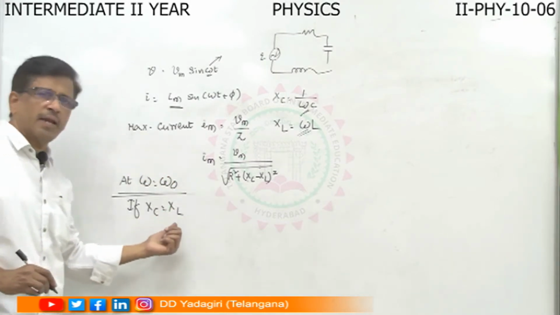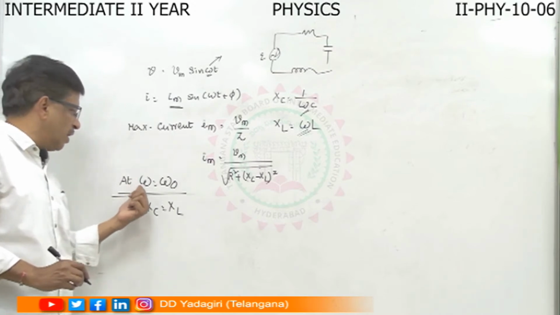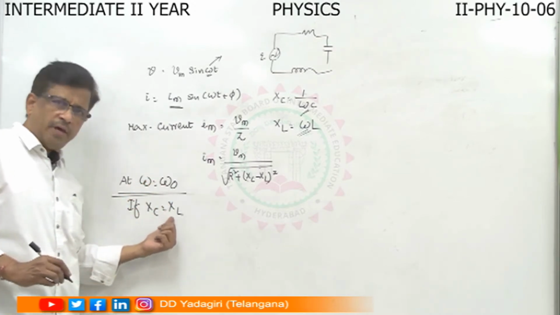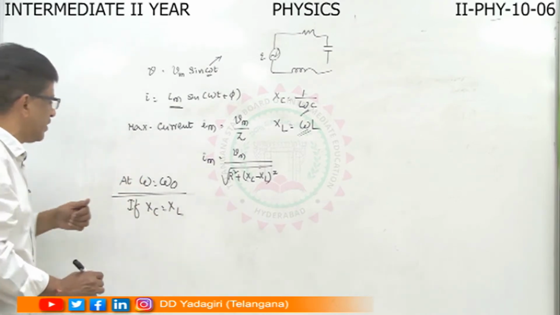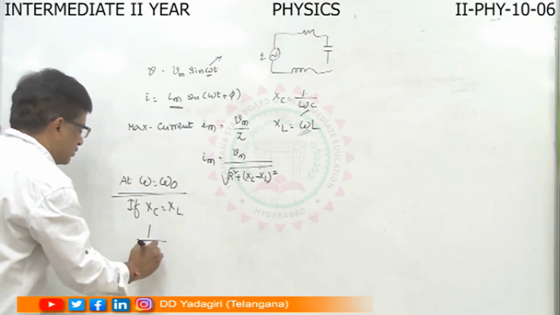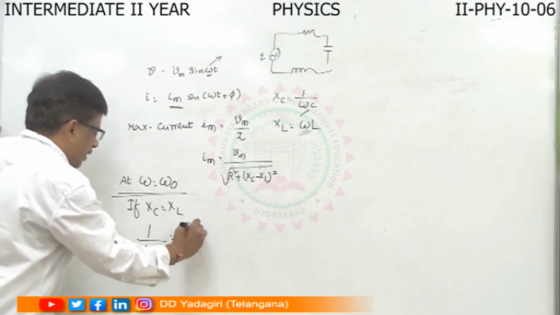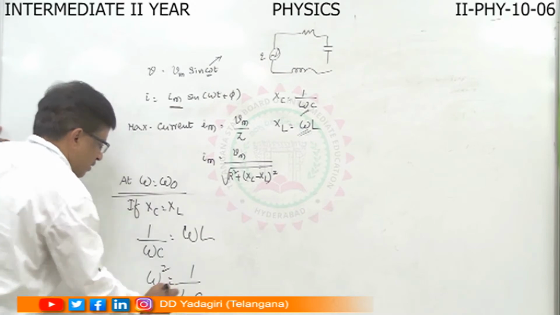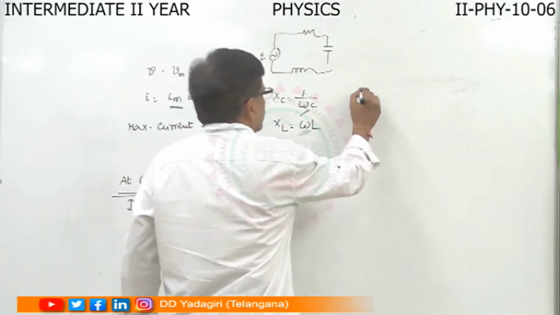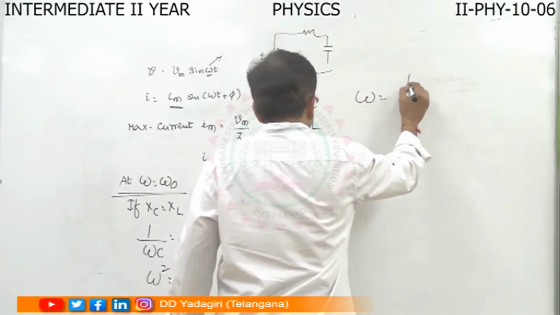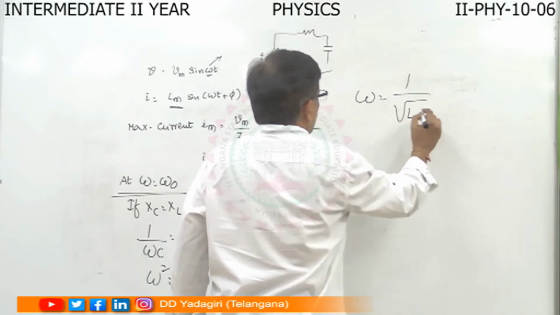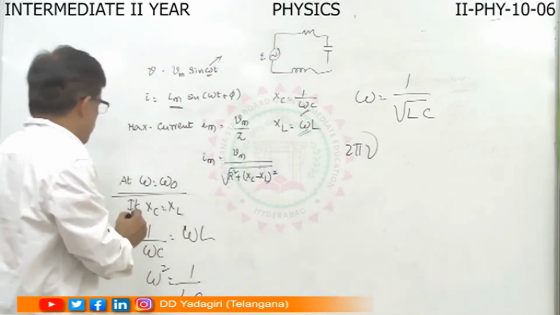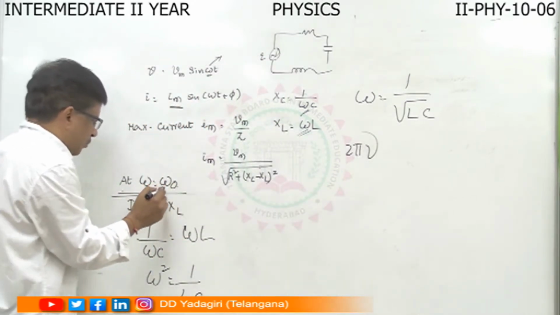Then XC and XL can be equal. At a particular angular frequency omega equal to omega naught, XC and XL will be equal. So what happens at that time? We will see it here. 1 by omega C is equal to omega L. So omega square is 1 by LC. So omega is 1 by root LC. But omega is 2 pi nu, already you know. Then omega is equal to omega naught, because we have put omega naught.